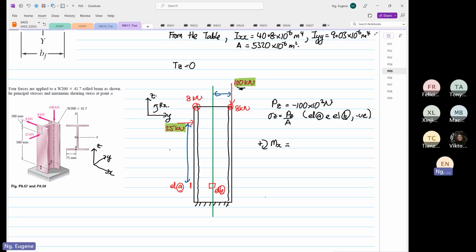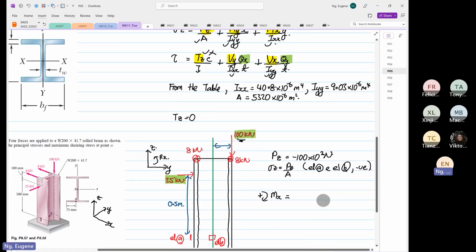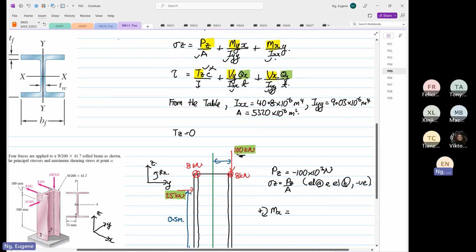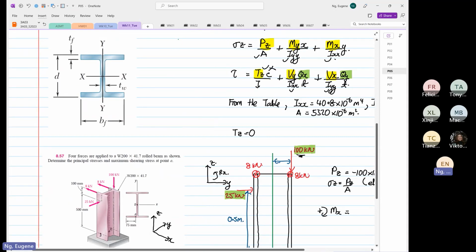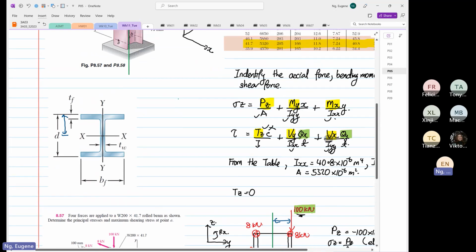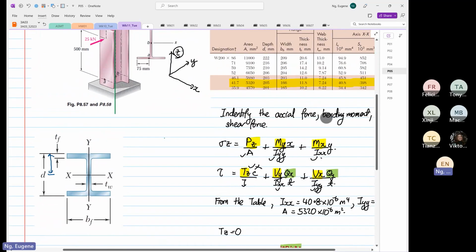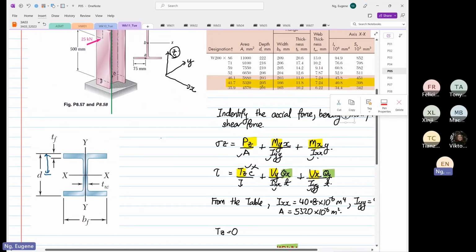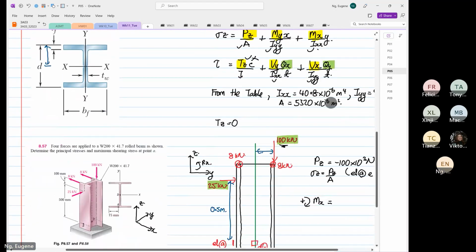So we know that this is 0.5 meters. And then the distance over there, right? So if we look at the structure, this is basically the distance from here to here, so it's D divided by 2, so it's 0.205 divided by 2.